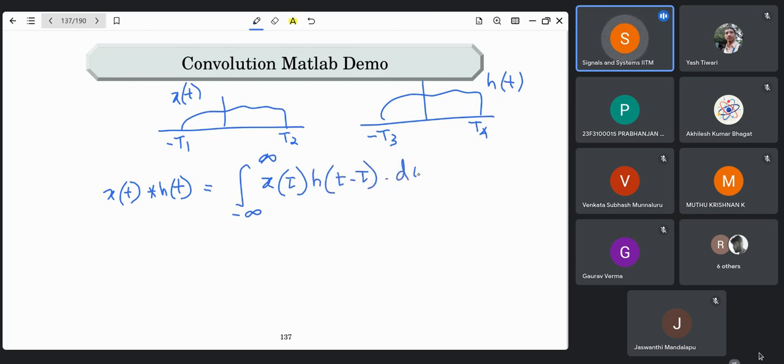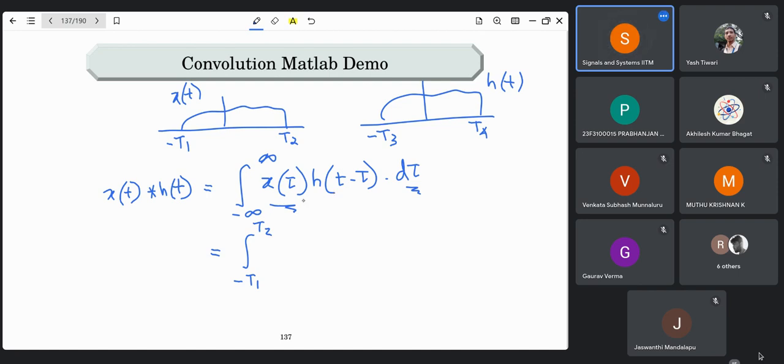And it's up to you. You can integrate in any order. Doesn't really matter. If we are doing this order, then the variable of integration is tau, and x is directly in the variable of integration, which means only in this interval x of tau is non-zero. In all other intervals, this is 0.